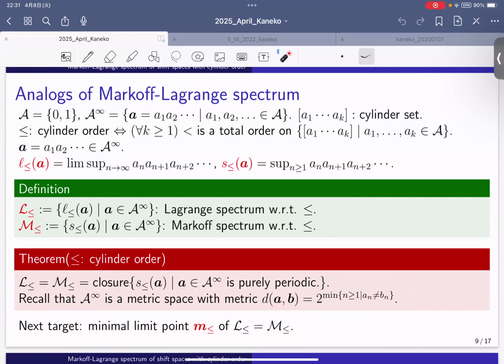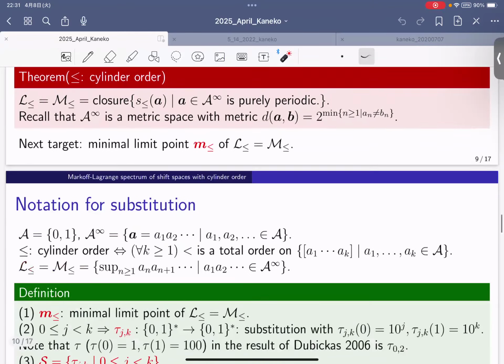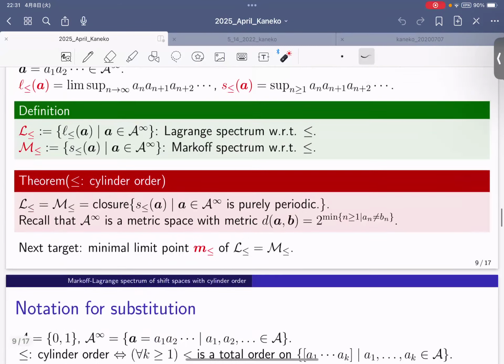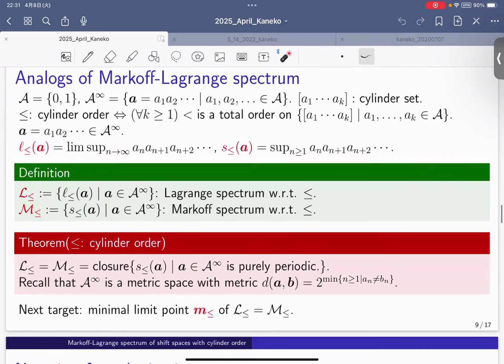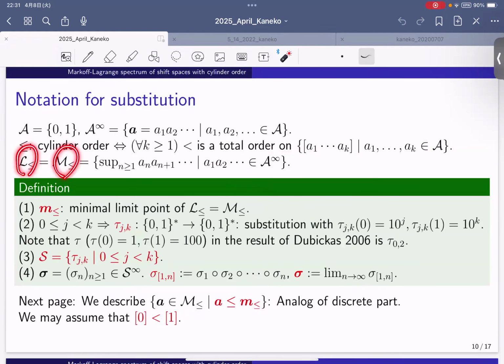The definitions of L and M are written in this way, but because these are the same, I only write the definition of S. So L and M is this set, and this is the cylinder order.